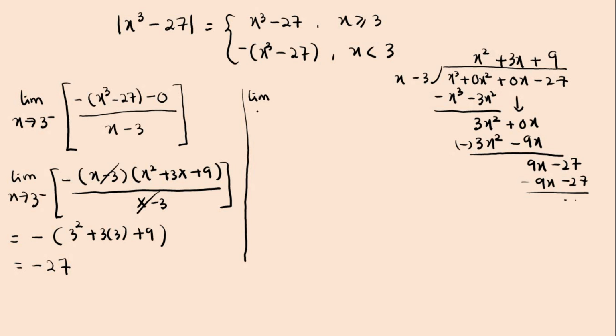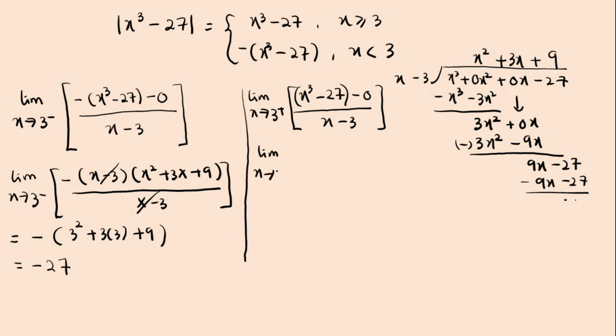Now we check the limit as x approaches 3 from the right. Our function would be x cubed minus 27 minus, in this case, still the same, 0, divided by x minus 3. Once again, we encounter the same function.